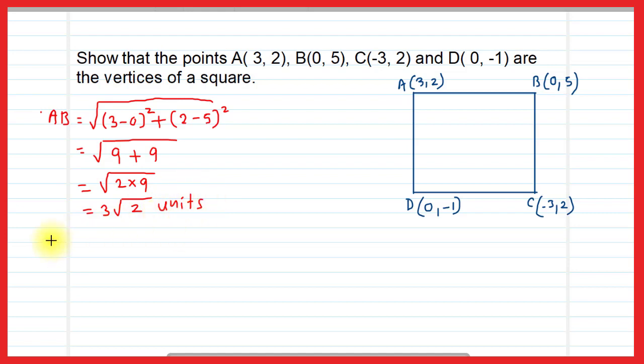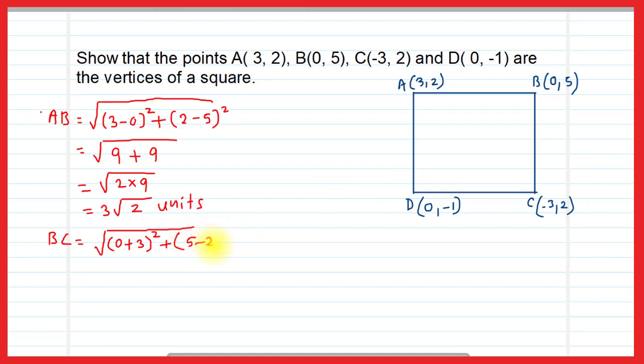Now we will find the length of BC, using the same formula, that is the distance formula. So BC is the square root of (0 minus minus 3, that is 0 plus 3) bracket square, plus (5 minus 2) bracket square.